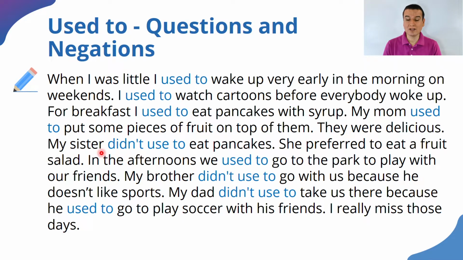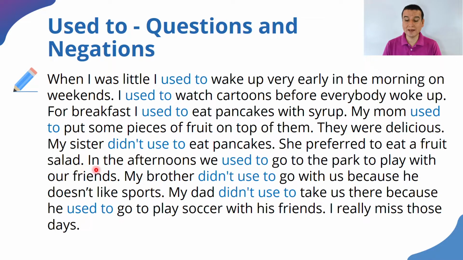My sister didn't used to eat pancakes. She preferred to eat a fruit salad. So, because she preferred the salad and not pancakes, that tells us that is a negation.